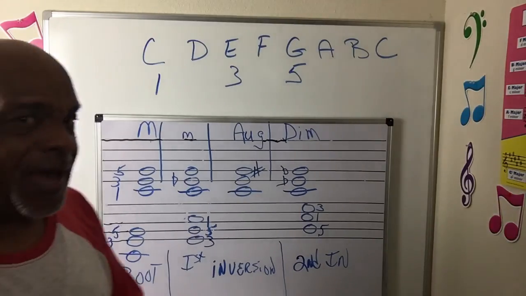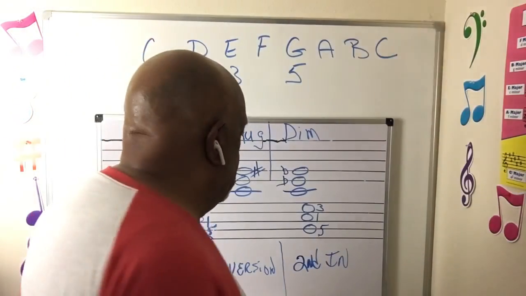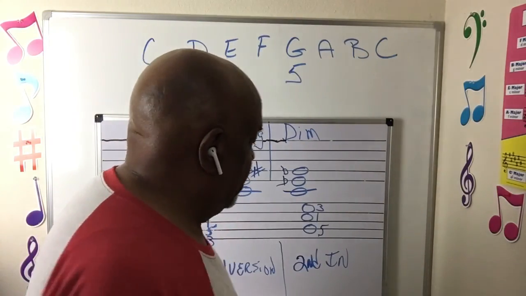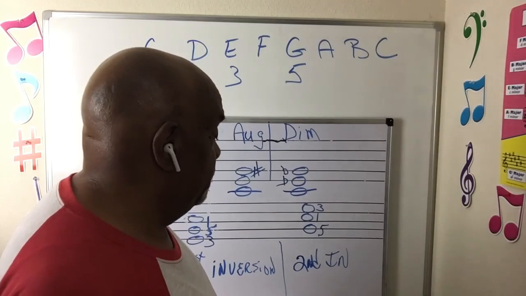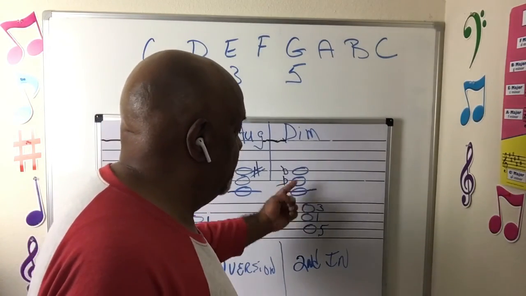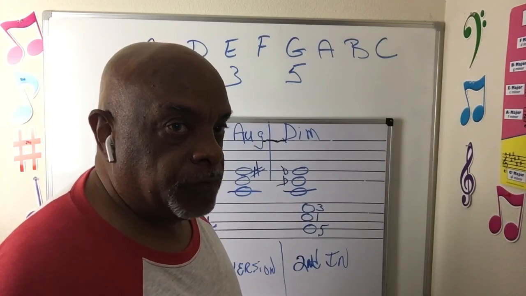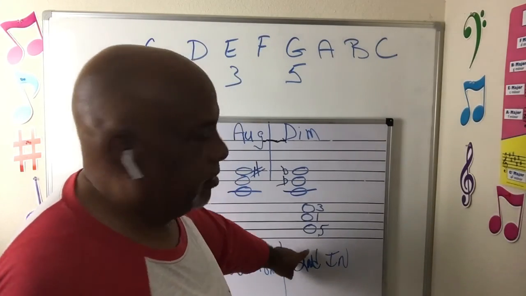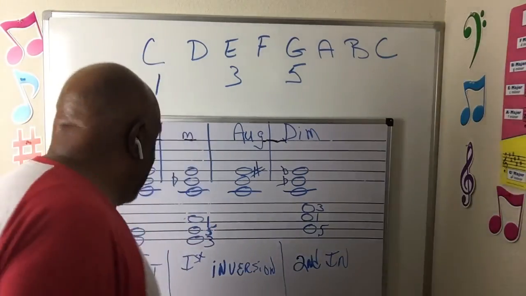Now for second inversion, we start with the fifth, which in this case is G. So second inversion is 5, 1, 3, or G, C, E.